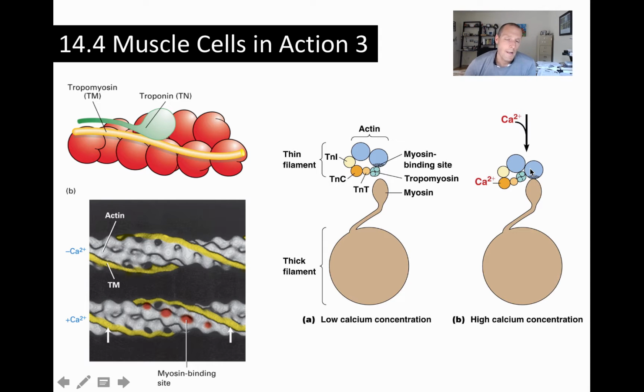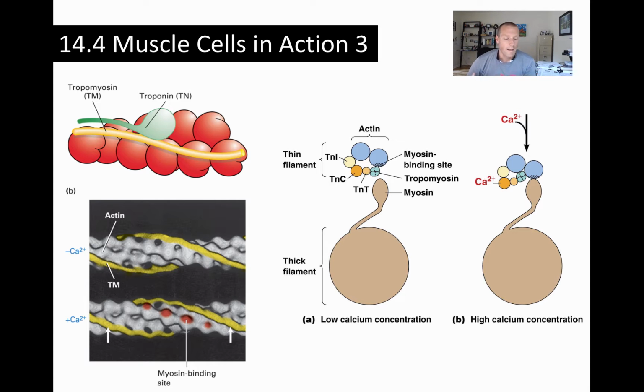That's the molecular mechanism for how calcium facilitates myosin binding to the actin filaments. When we've got low concentrations of calcium, we're in this state here, and when we've got high concentrations of calcium, we look like this. We can bind the myosin heads here, because of this reorganization that we see in this different view.